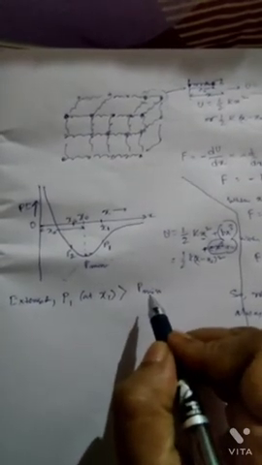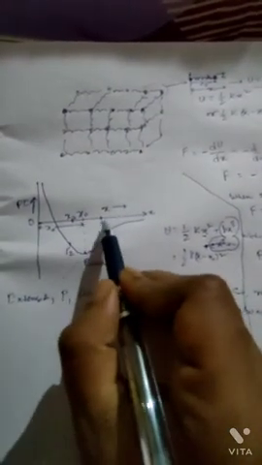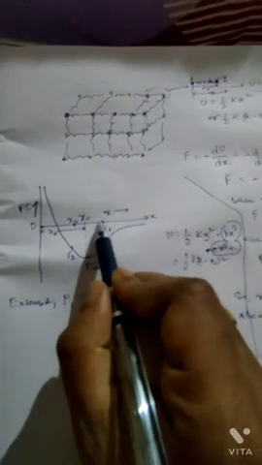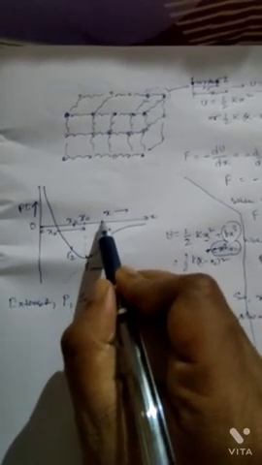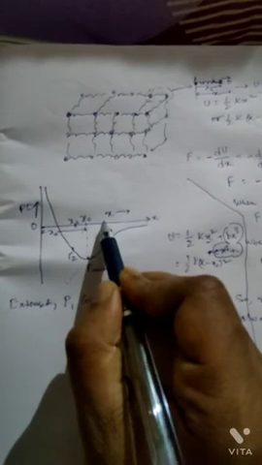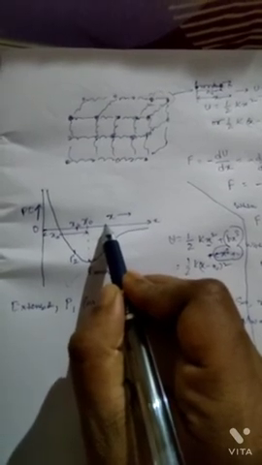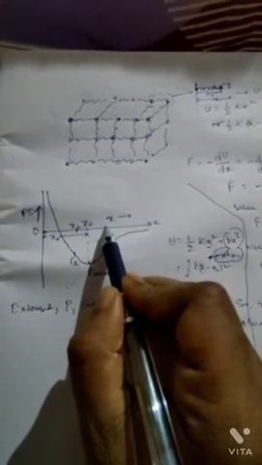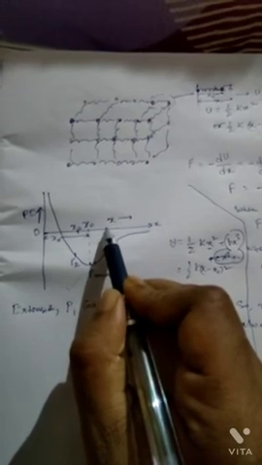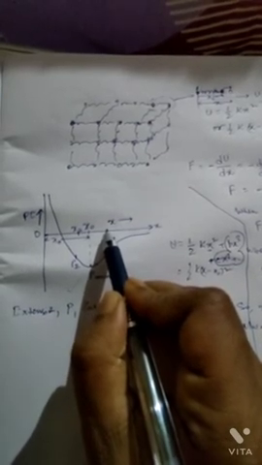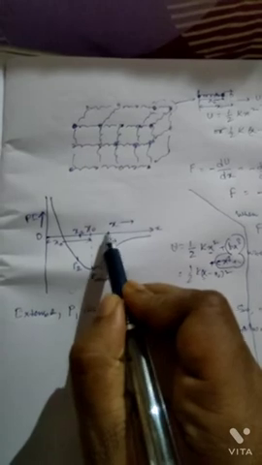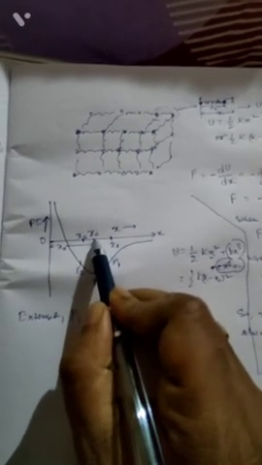So what will happen when the bonds are stretched till here? A restoring force will be created which will try to pull the atom till it gets to x naught, the equilibrium position.